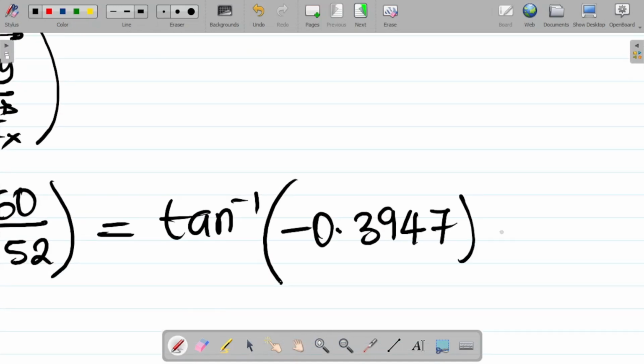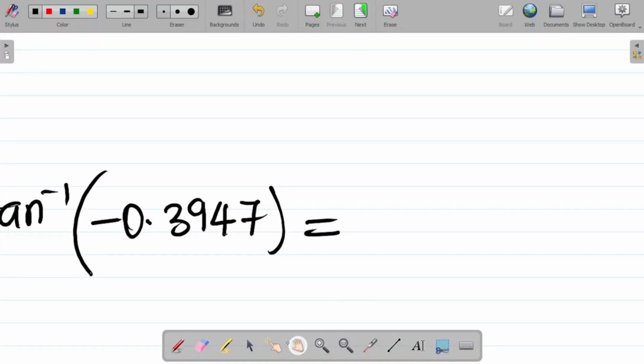Tan inverse of minus 0.3947 gives you about minus 21.54 degrees approximately.